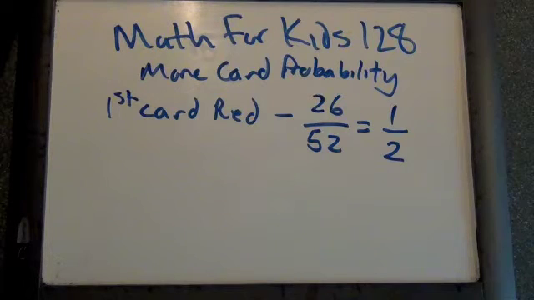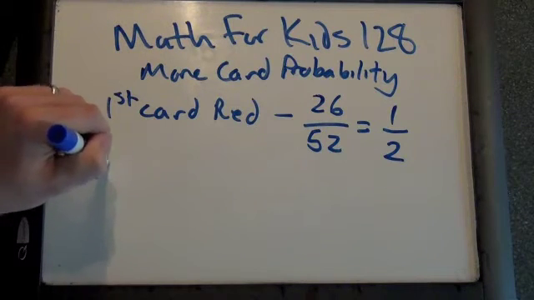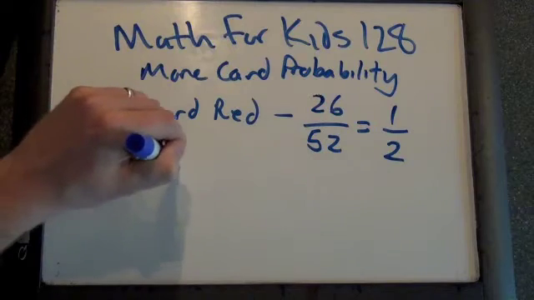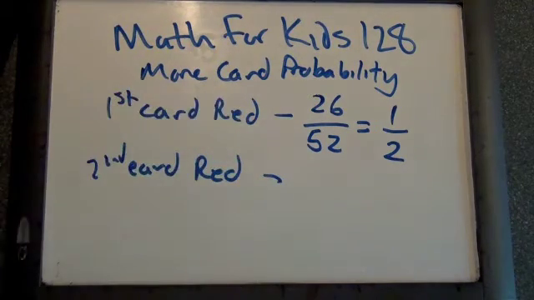Now, what's the probability that if the first card's red, the second card's red? If you get a red card on the first try, what's the probability that you get a red card on the second try? It's also half the time. Actually, no, it's a little less than half. Why is it a little less than half?